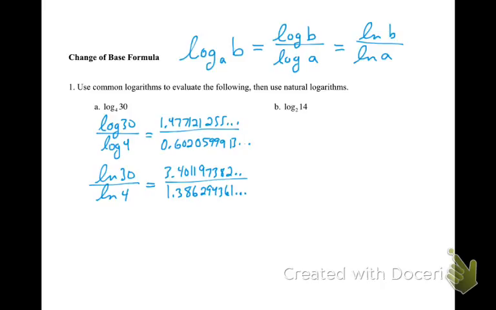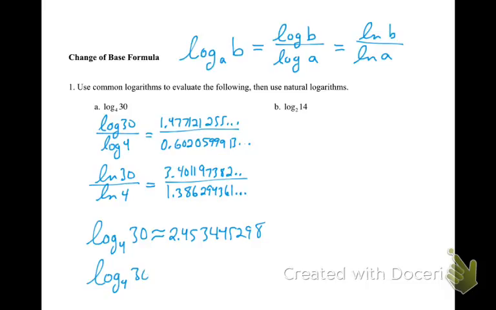Either way, when you divide those out, log base 4 of 30 ends up being approximately 2.453445298. And depending on how the question words how I want you to leave your answer, say nearest thousandth, your answer is going to be just 2.453.